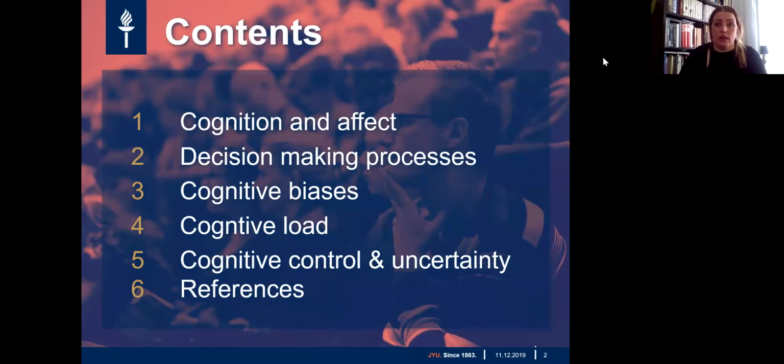As mentioned in the abstract, the contents of the tutorial are as follows. First, we look at what cognition and affect mean. Then I talk about decision-making processes, different theories of those. Third, cognitive biases, followed by cognitive load. And last, cognitive control and uncertainty.